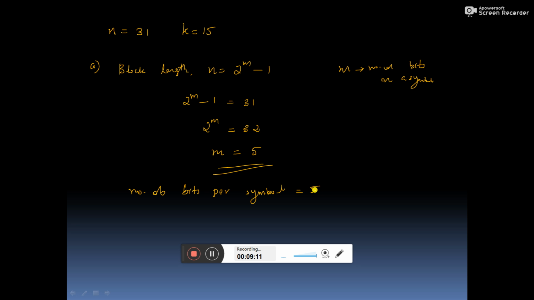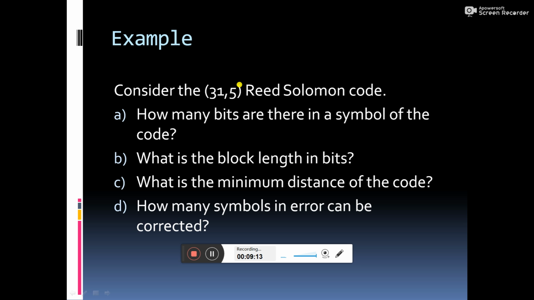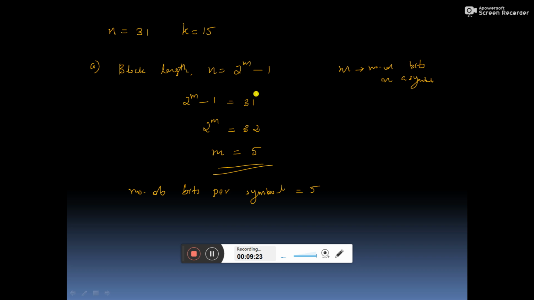Coming to the second question, what is the block length in bits? Block length actually, we have 2 raised to m minus 1, that is in symbols. So in bits, what will be the block length?